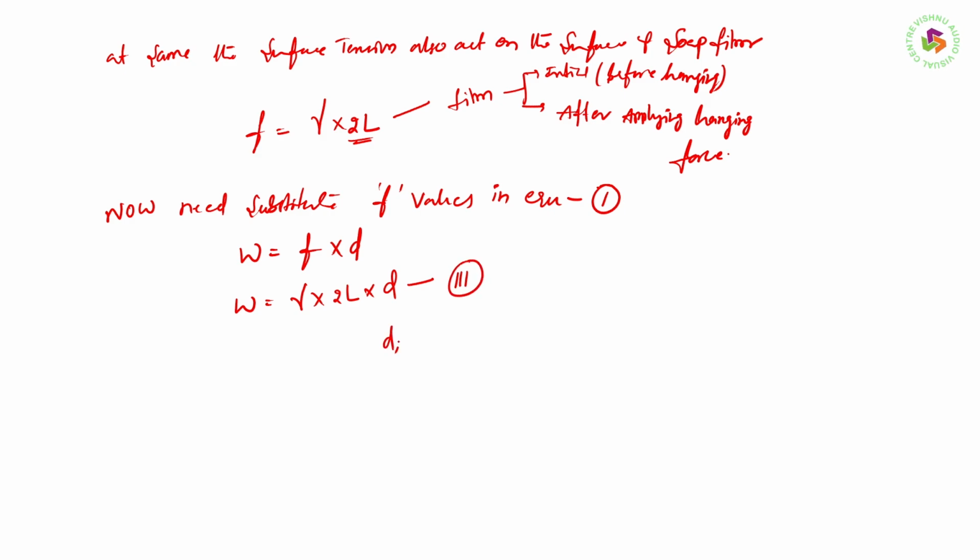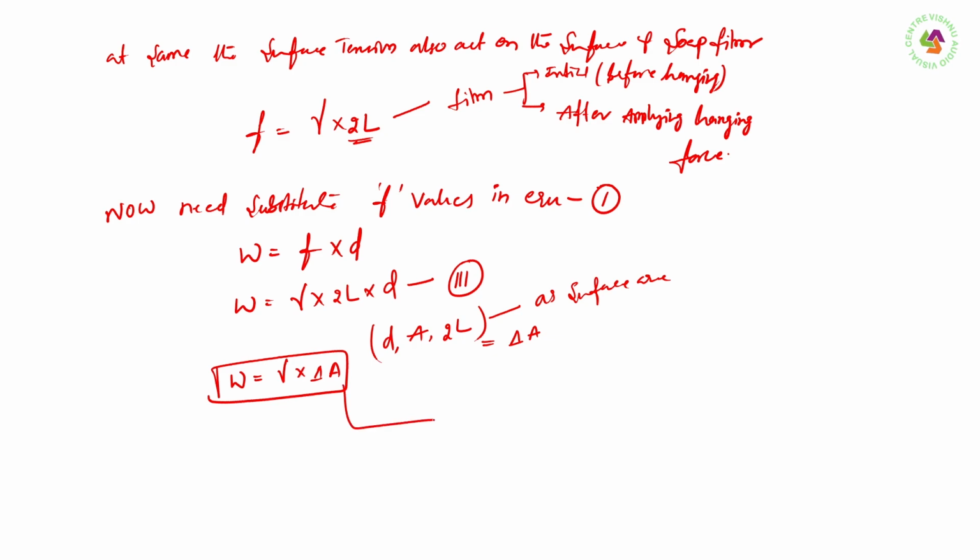Here the distance, surface area and length will increase. The increase in surface area we can write as delta A. So now this W value will be gamma into delta A. By using this equation, we can calculate the surface free energy.